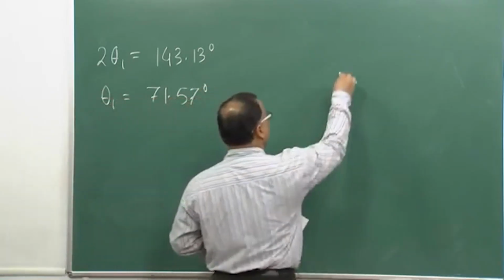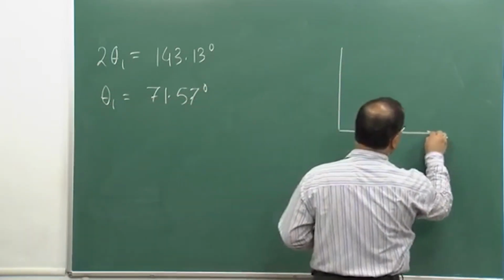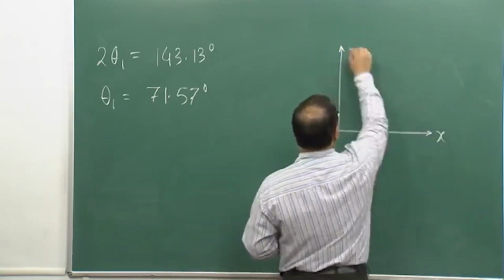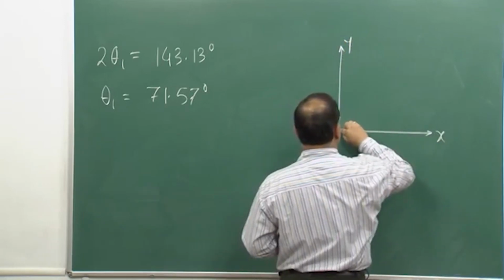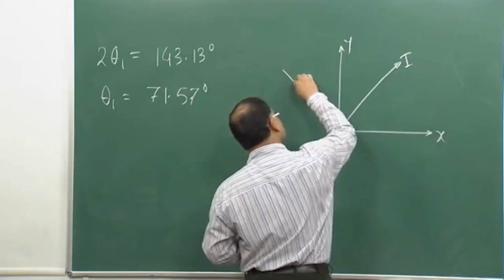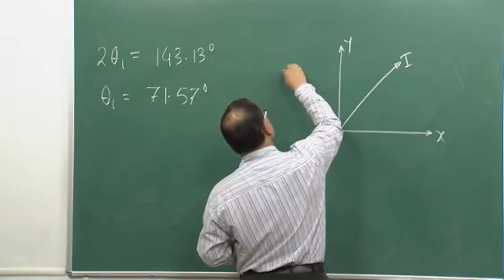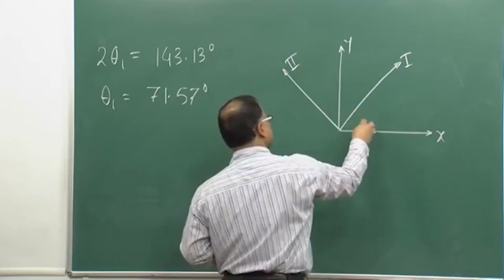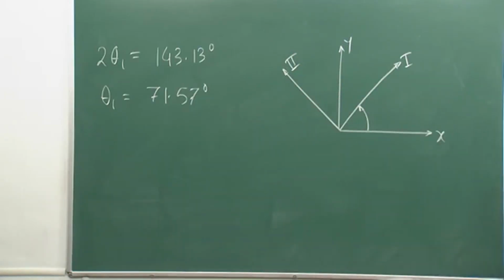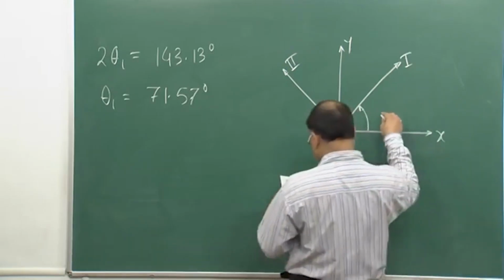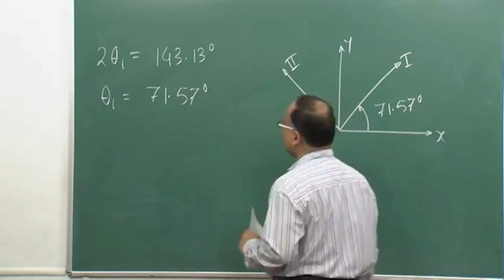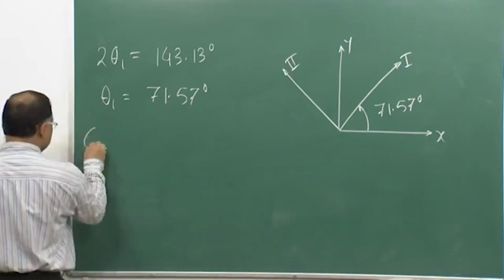So, the orientation of your principal axis, this is x and y, this is your axis 1, the major principal axis, and this is your minor principal axis, and this angle is anticlockwise, half of theta 1, 71.56.